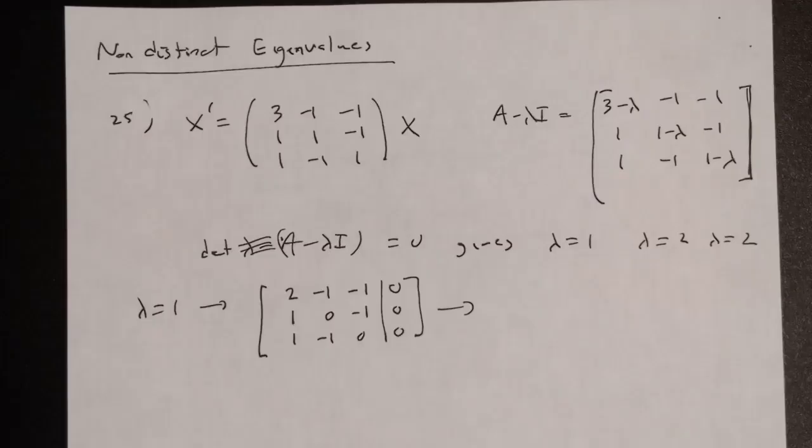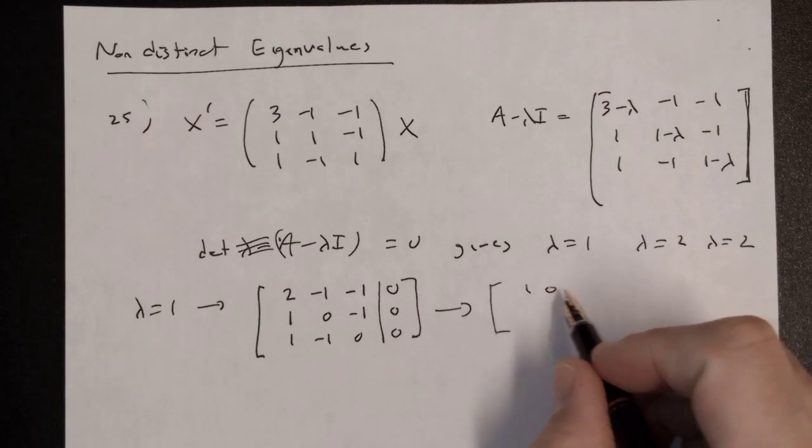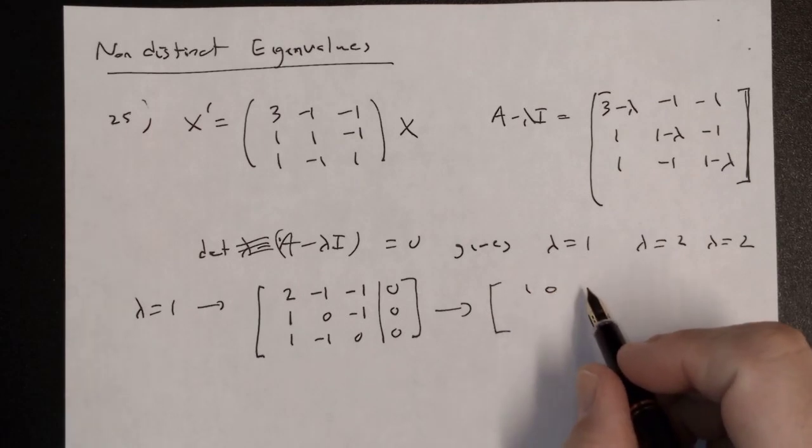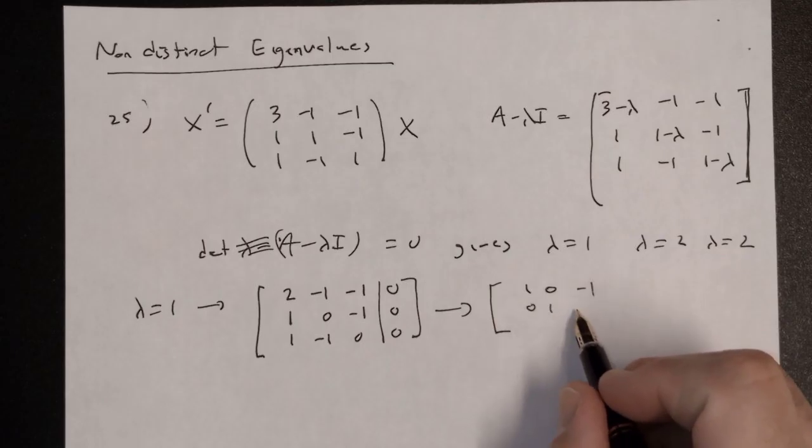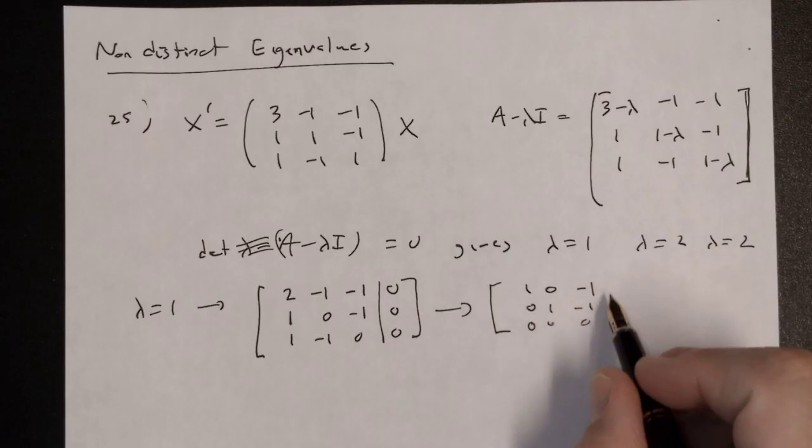Three cheers for the algorithm on the graphing calculator. I guess it's all zeros in the last column. That's 1, 0, -1, and then 0, 1, -1. The last row is all zeros.